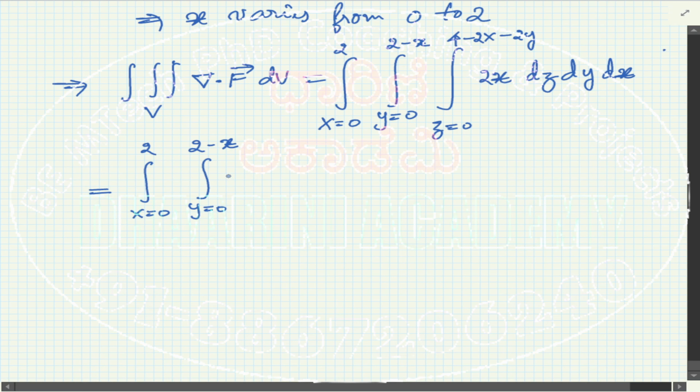Perform the integration, right? So there is a 2, I'll write the 2 outside. So x remains inside as it is. The integration of this function gives you a z, and it should vary from 0 to 4 minus 2x minus 2y, right, into dy dx.